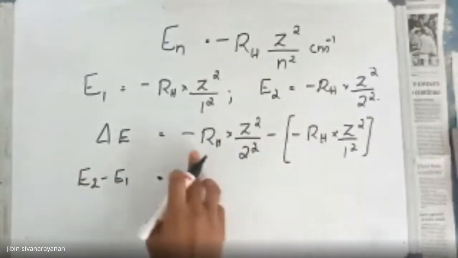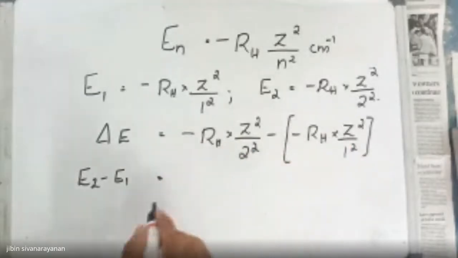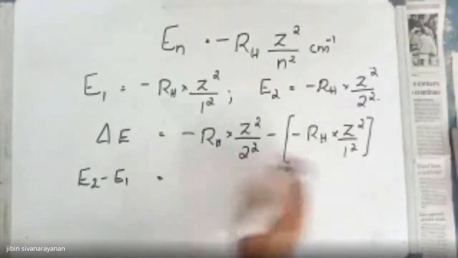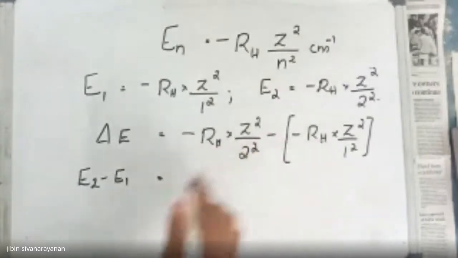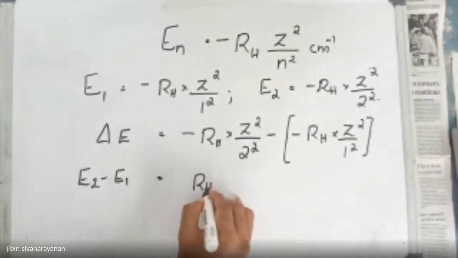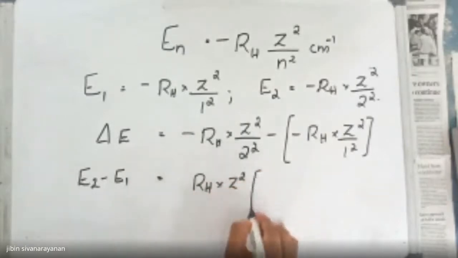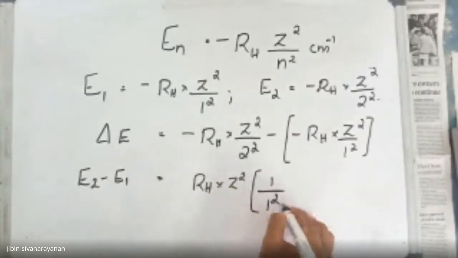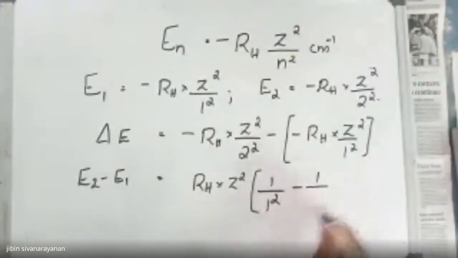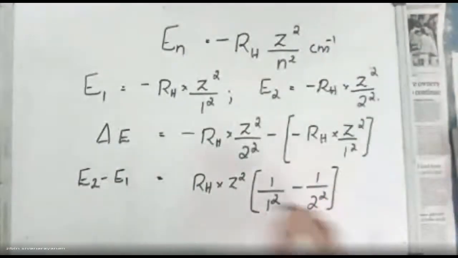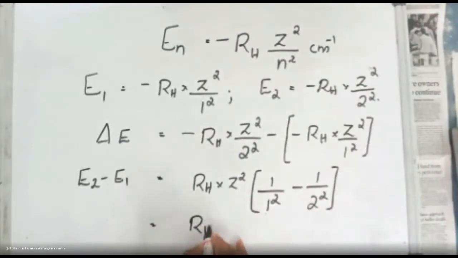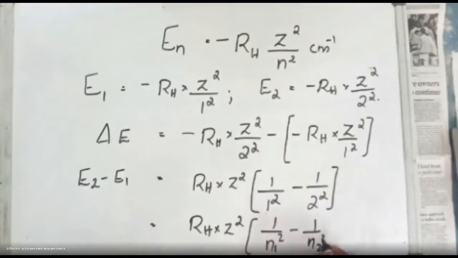The common terms are RH and Z. We are considering a single atom, right? I'm taking RH and Z square outside. This becomes 1 by 1 square minus 1 by 2 square. So actually this is RH into Z square, 1 by n1 square minus 1 by n2 square.